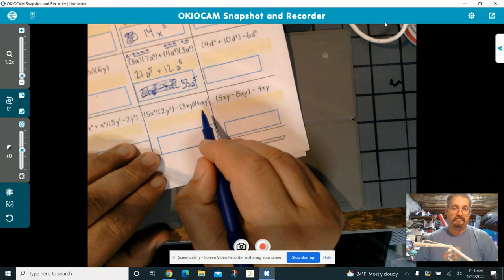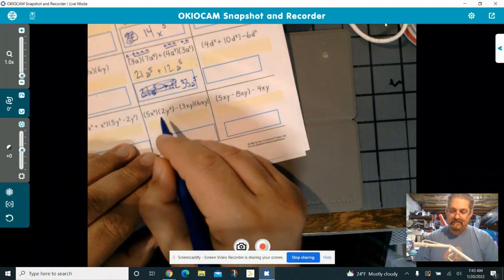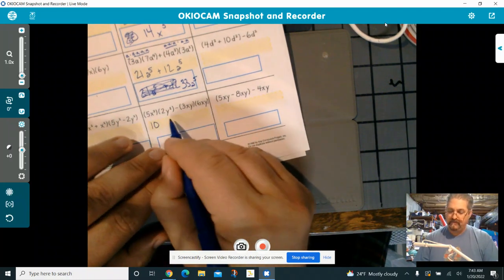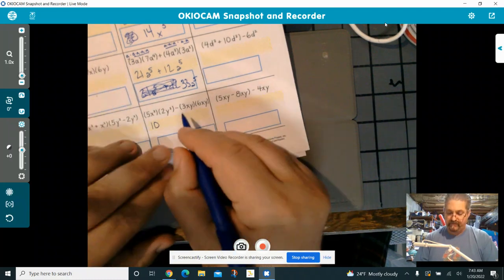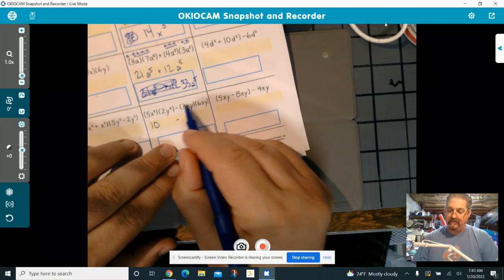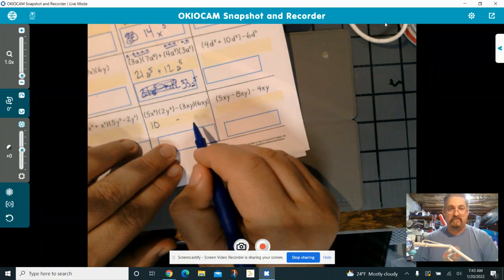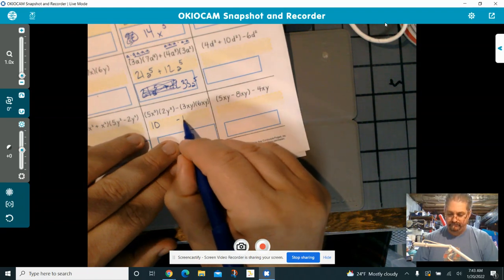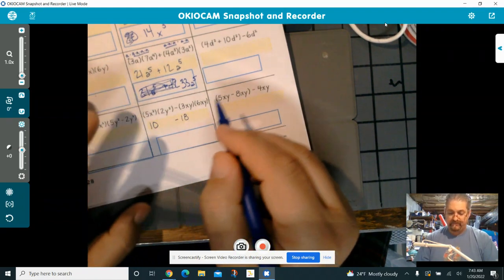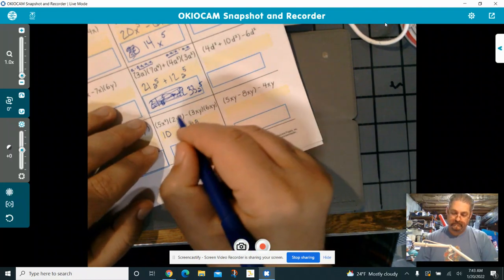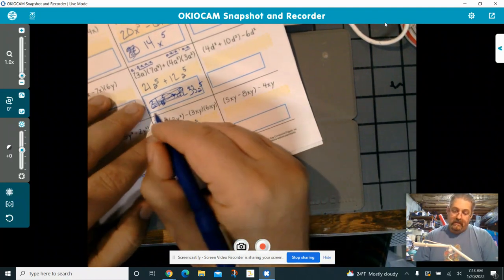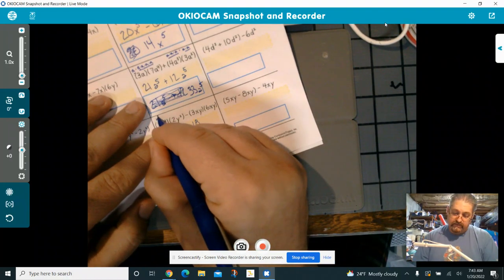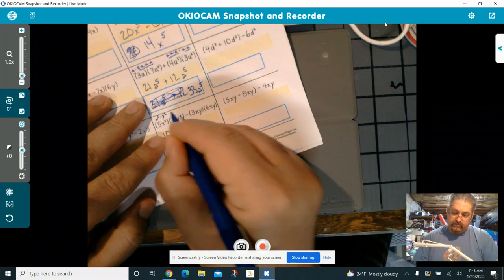Shoo! Okay. 5 times 2 gives me 10. I'm going to skip my variables for just a minute. 3 times 6 is 18, right? Right. I have x squared times y squared.